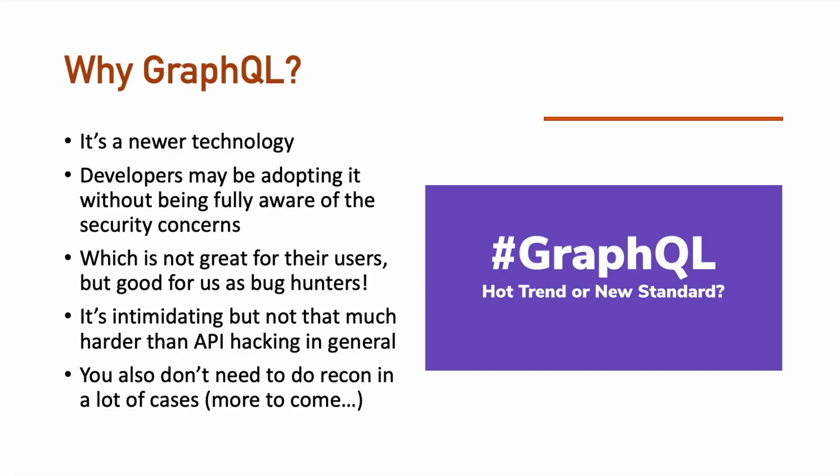And I want to take this time to tell a quick story. I don't really tell a lot of stories. But when I was going to my second ever live hacking event, one of the companies there used GraphQL, and I had only done the Hacker 101 GraphQL levels a week or so prior, maybe 2 weeks before the event.